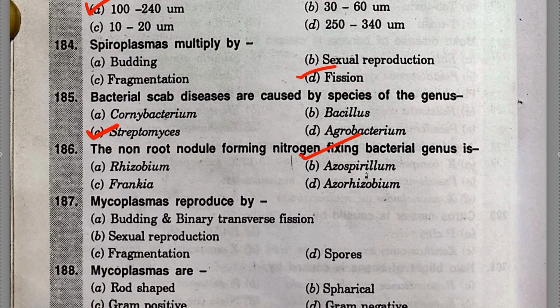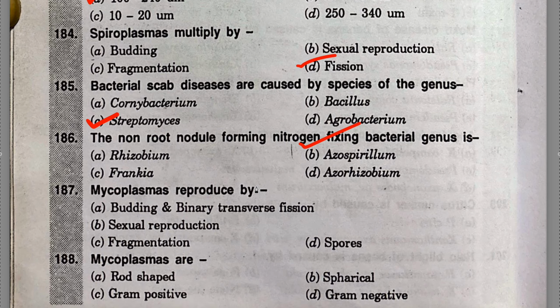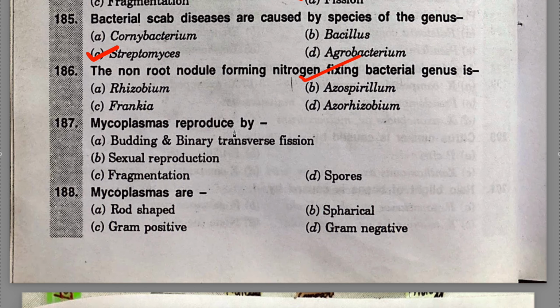And this was obviously not Azorhizobium. Okay. 187. Mycoplasma reproduce by budding and binary transverse fission, sexual reproduction, fragmentation, or spores. Answer is option A, budding and binary transverse fission.